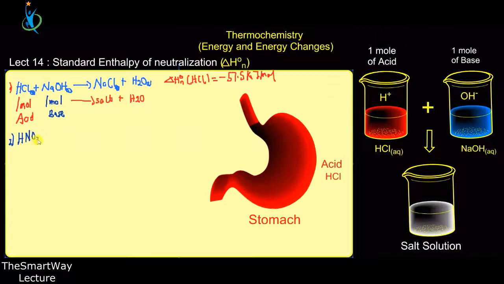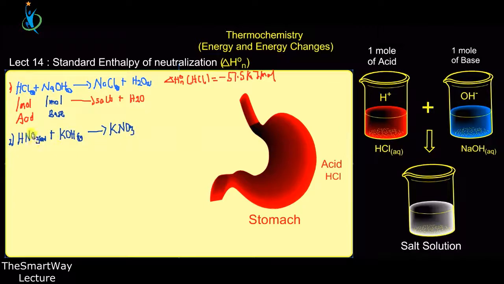I have hydrogen nitrate here, which comes in the form of aqueous, and then let me add it to potassium hydroxide, which is also in water, so let me write it aqueous. Now when I add this, I'm going to get potassium nitrate.